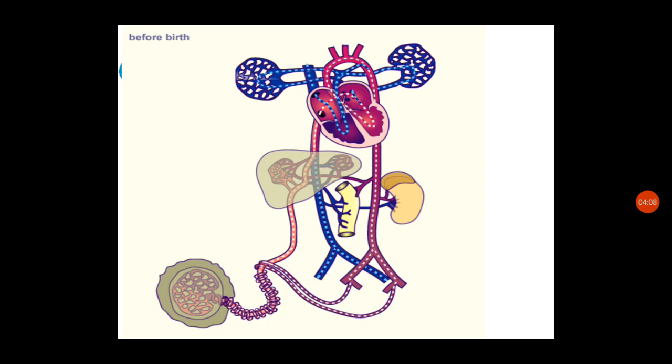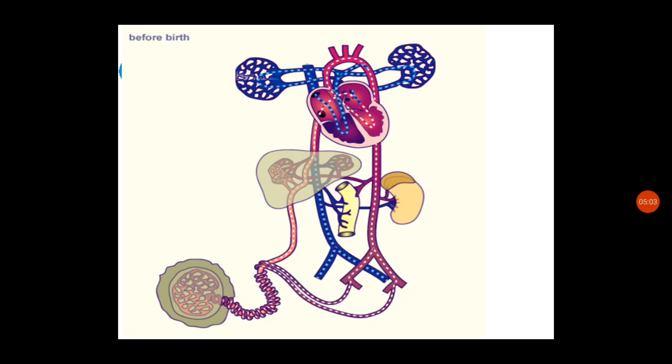From the placenta, the umbilical vein takes the purified blood and it is connected to the inferior vena cava with the help of the ductus venosus. This blood, together with the blood from the lower extremities taken by the inferior vena cava, reaches the inferior vena cava and opens into the right atrium.